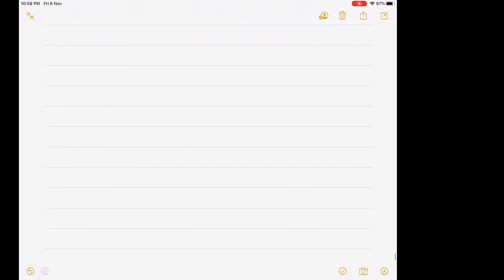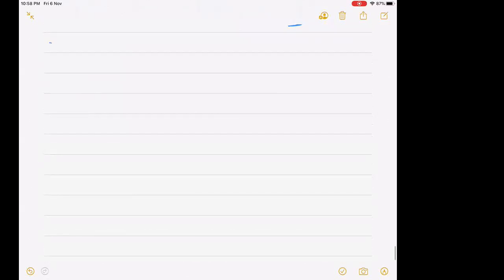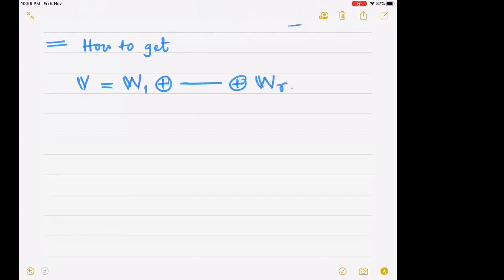How do we get V equal to W1 direct sum dot dot dot WR? How do I do this? The key, as I said, lies in the algebra of polynomials.